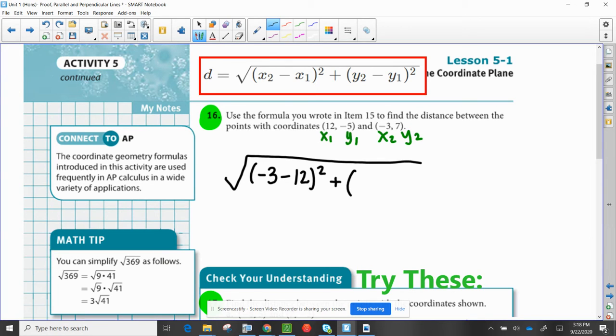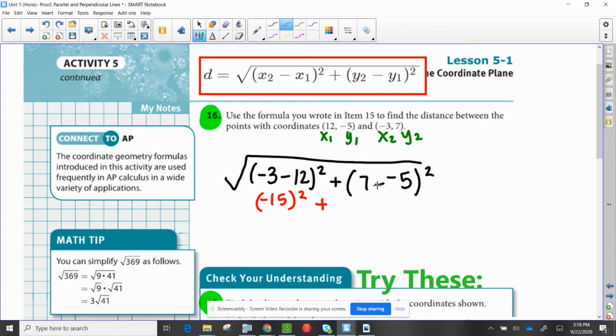Plus, we're going to take our y2, which was 7, and subtract our y1, which is -5, and square it. That's the plug-in part. Now let's do our little arithmetic here and simplify this. If you're really not so good at integer operations, you can always use a calculator. But -3 minus 12 is -15 squared.